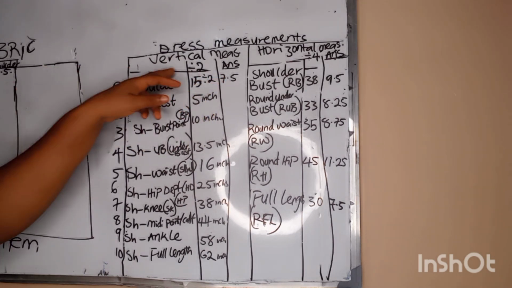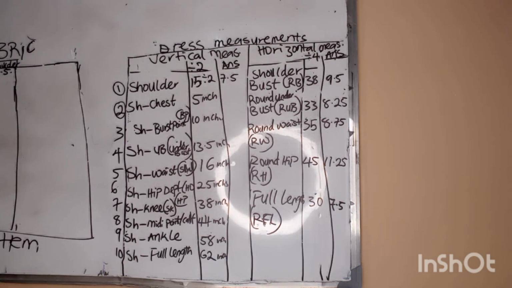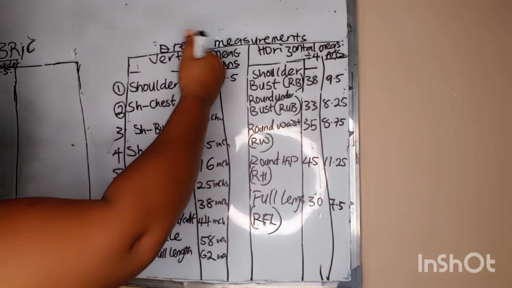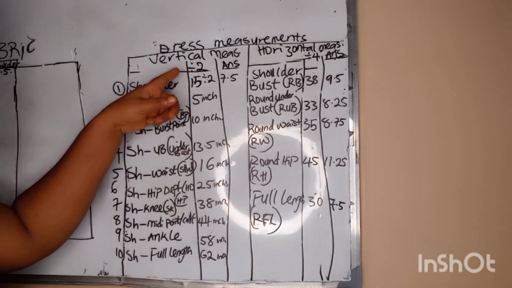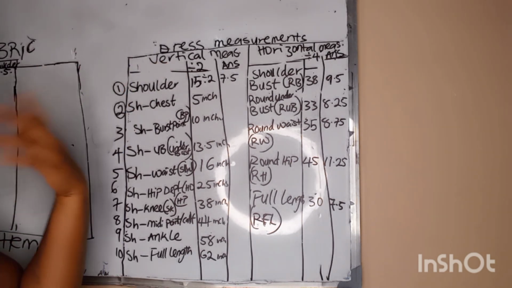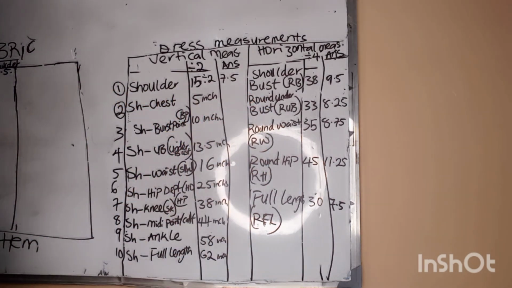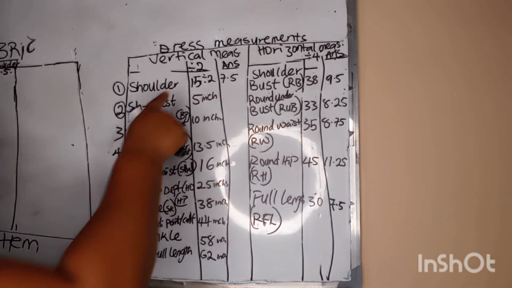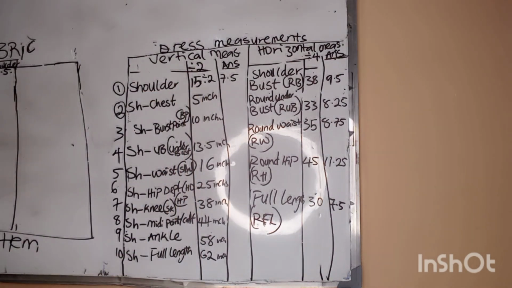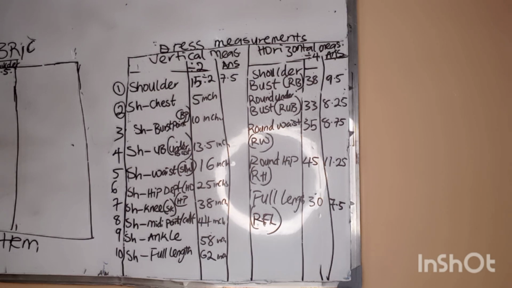So we have the vertical measurement, and then we have the horizontal measurement. Vertical measurement most times can be divided by 2, and we see shoulder to be part of that measurement. It could either be a vertical measurement or a horizontal measurement. Because it can be divided, that means it is partly a vertical measurement and partly a horizontal measurement.